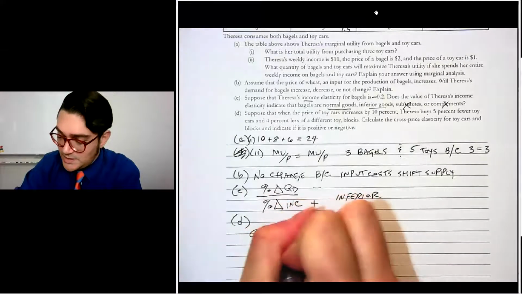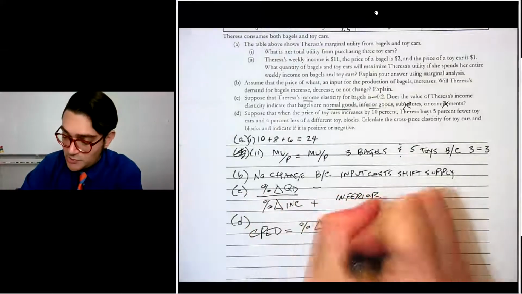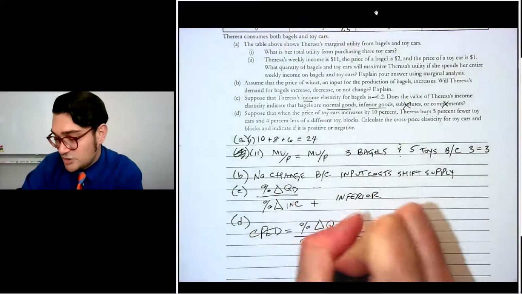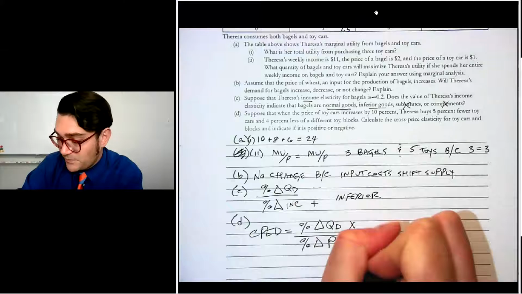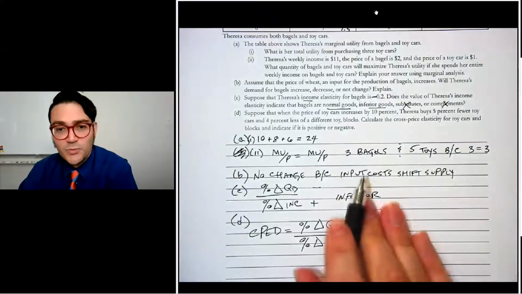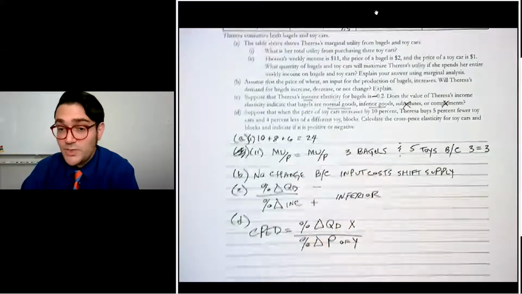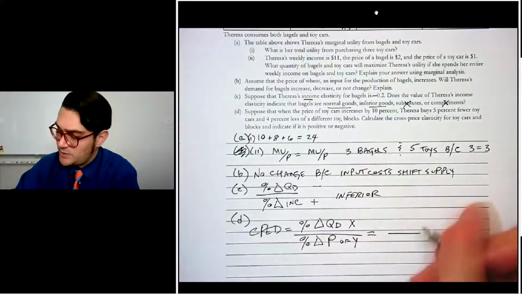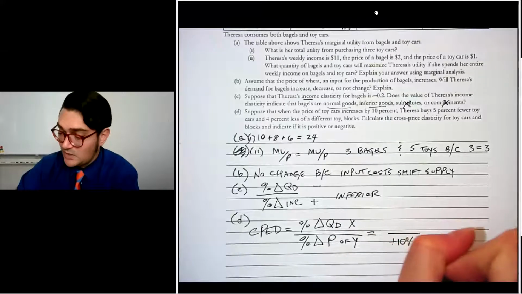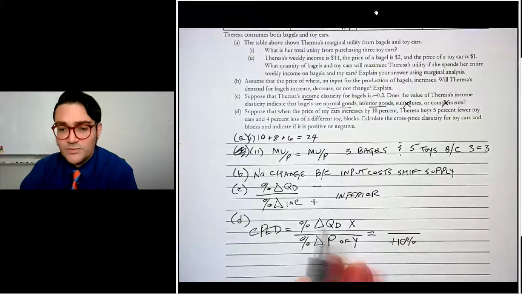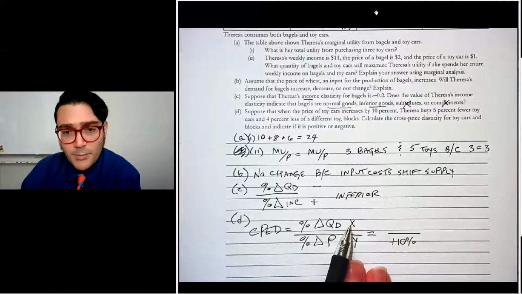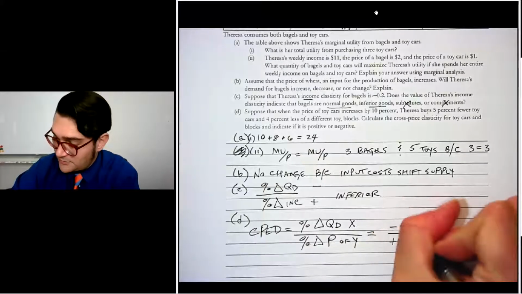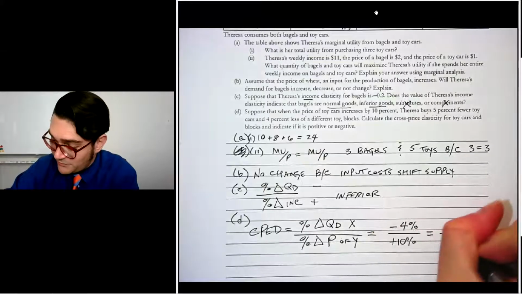CPED is percent change in quantity demanded, we'll say, of good X over percent change in price of Y. Now, for this one, we only have the price change of toy cars, so we have to put that in the denominator. And we said that the price of toy cars goes up 10%, positive 10%. And what happened? Well, that's toy cars, so now we're looking for the quantity of blocks, and it's 4% less of blocks. Negative 4%, so that's negative 0.4.